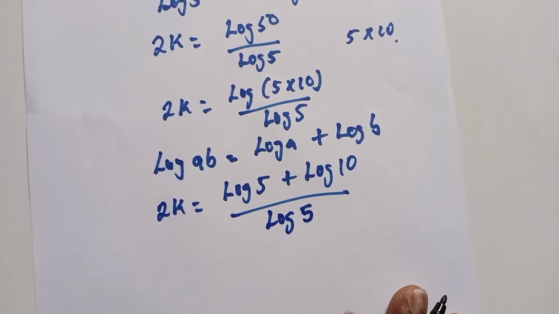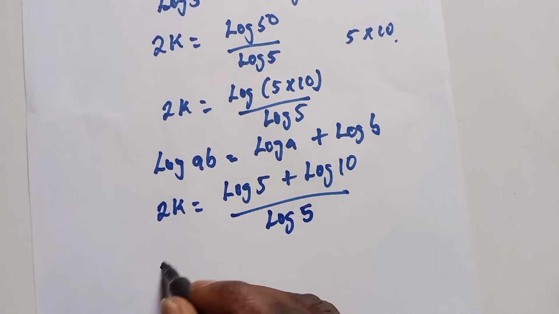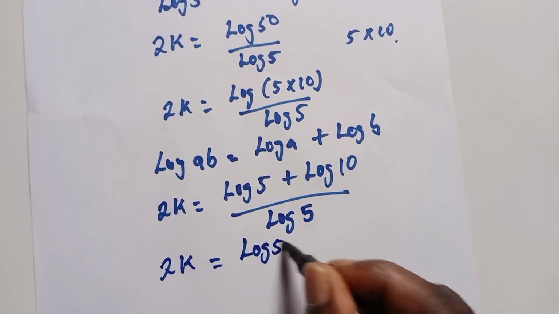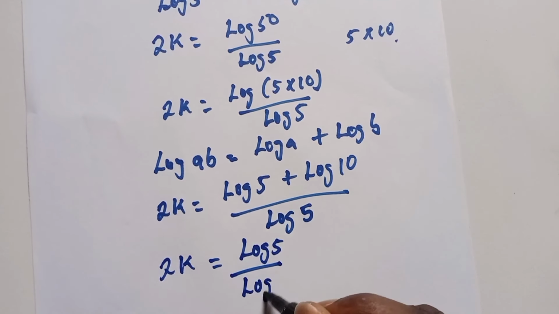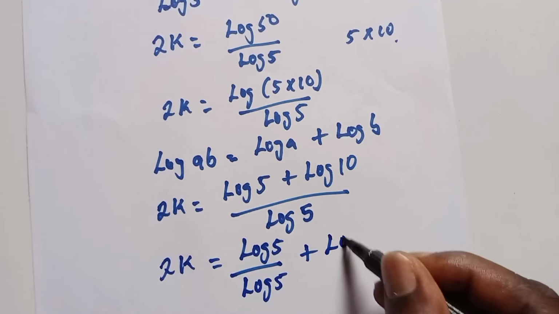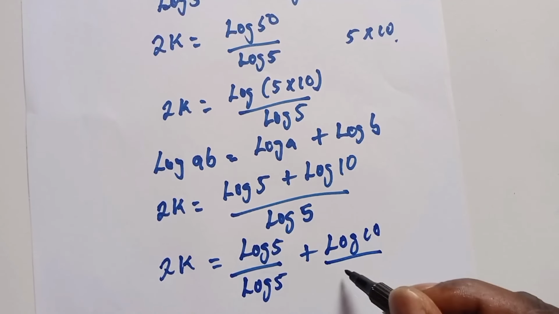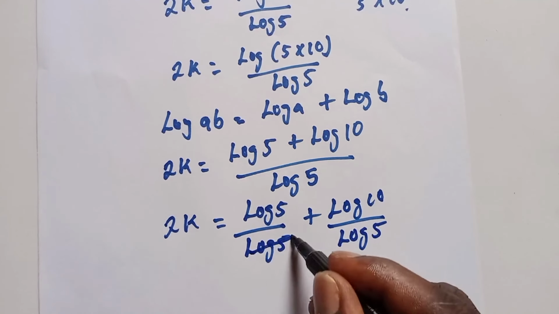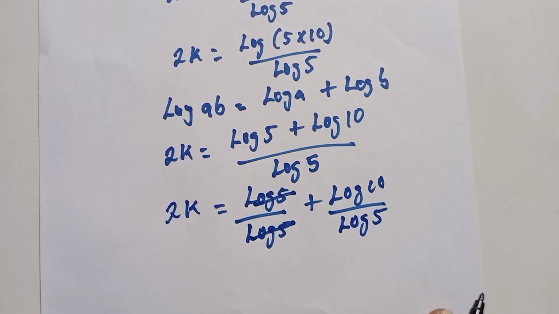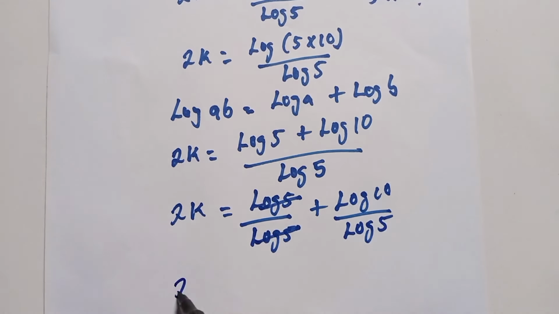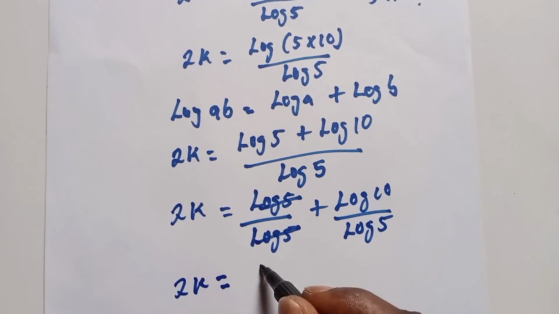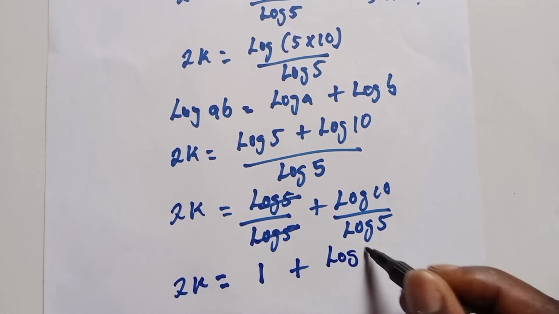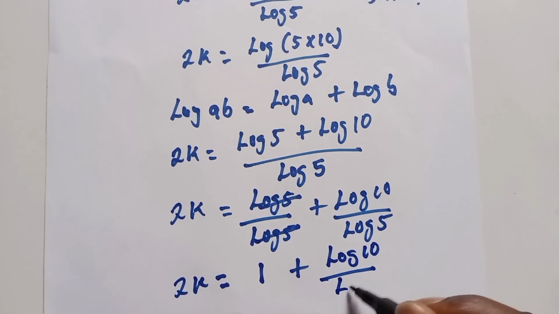If we split the fraction, we have 2k is equal to log 5 over log 5 plus log 10 over log 5. Now we cancel log 5 and are left with 1. So here 2k becomes equal to 1 plus log 10 over log 5.